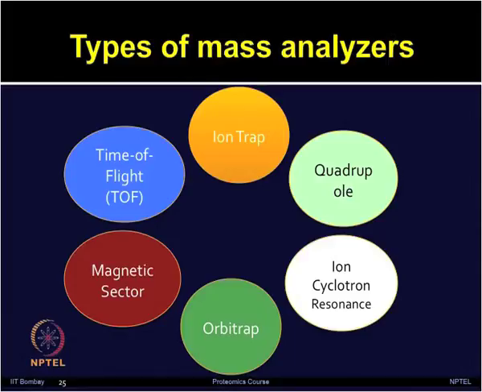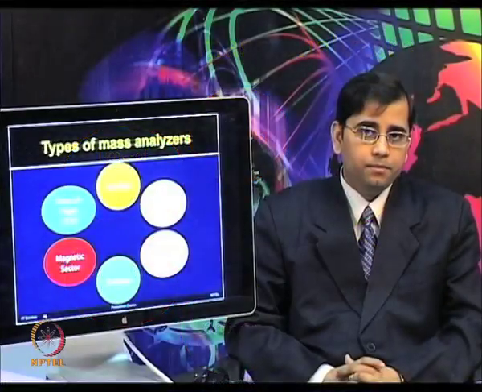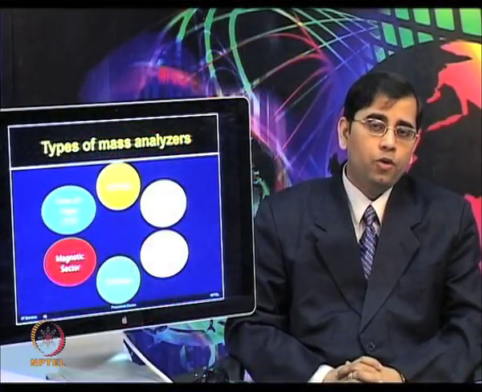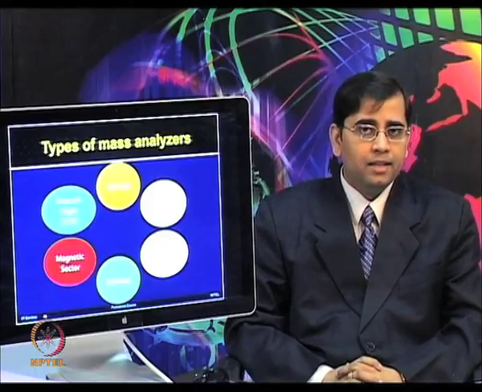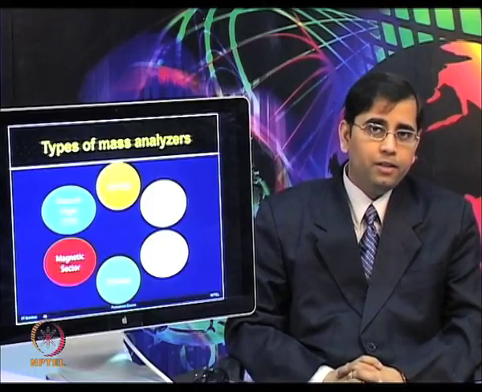The time of flight, ion trap, orbitrap and ion cyclotron resonance analyzers separate ions based on their mass to charge ratio or resonance frequency, whereas quadrupoles or Q use an oscillating electrical field for selective stabilization of ions. This just gives you an overview of various types of mass analyzers, and briefly we discussed their principle.